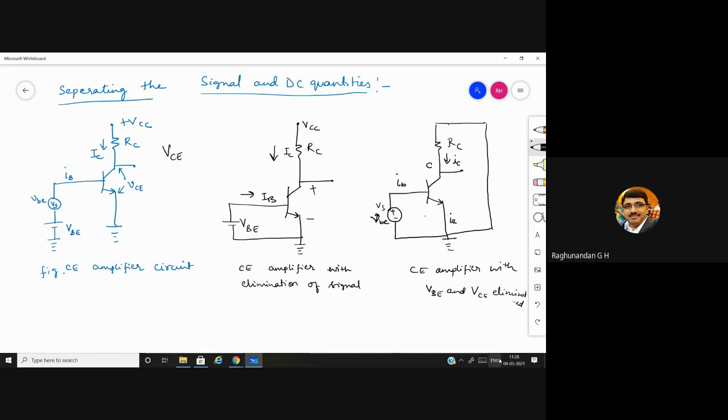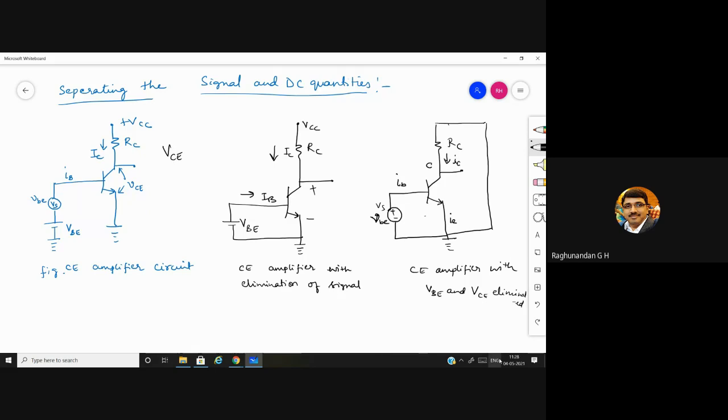So usually in our practical amplifier circuits, to eliminate this DC, we use a coupling capacitor at the output. When the output passes across that capacitor, it blocks DC and we get a pure AC signal.